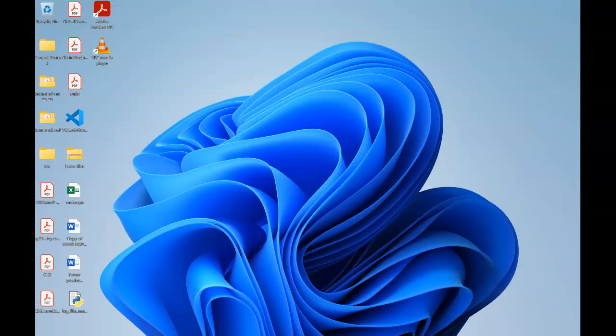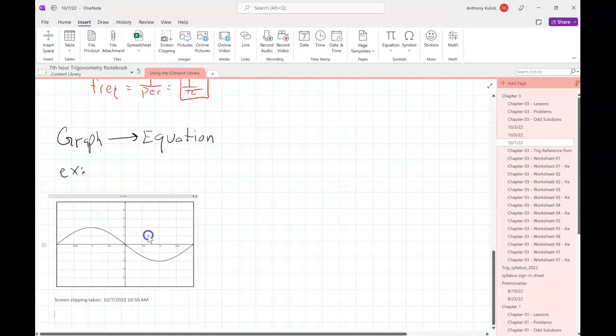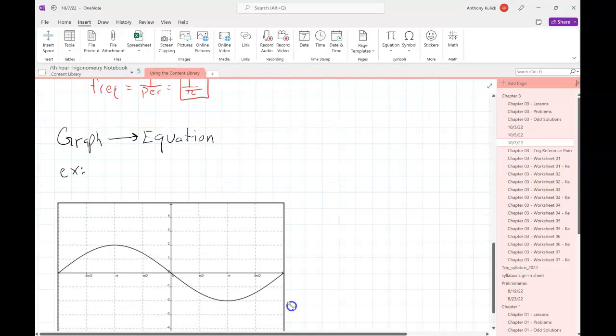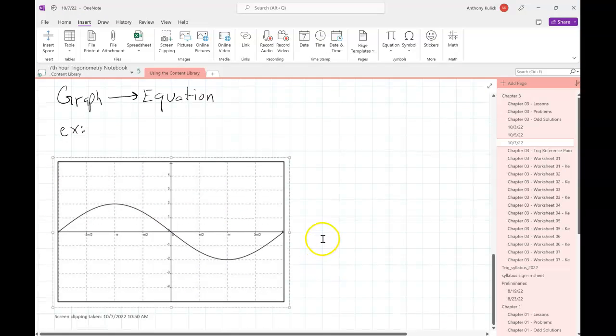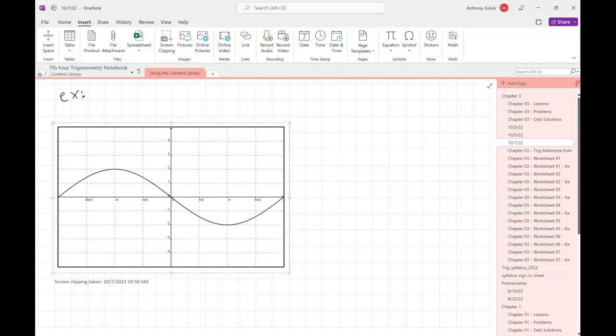So here's my graph. I want to be able to write an equation for this.